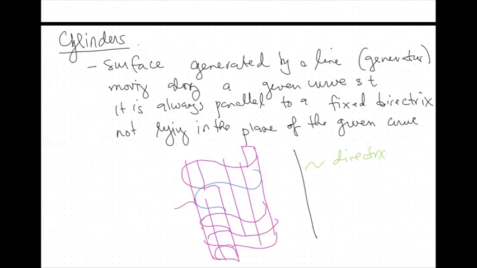This is your generator moving along this. This is your given curve, and this directrix in pink is our generator moving along the given curve, and then the surface generated is our cylinder.